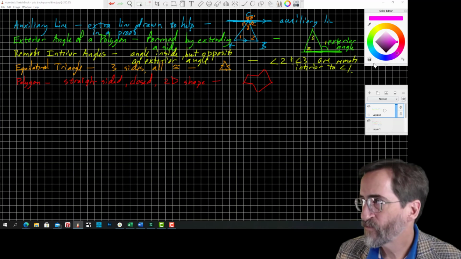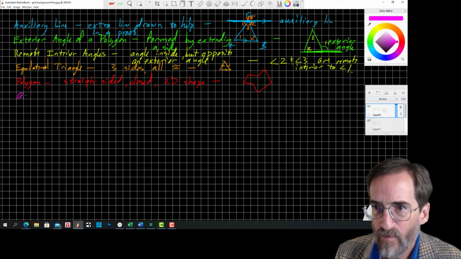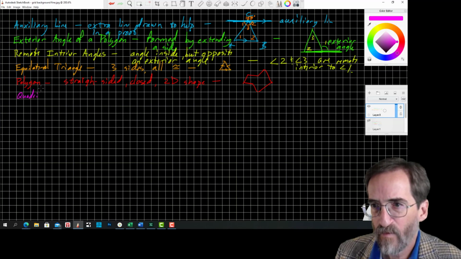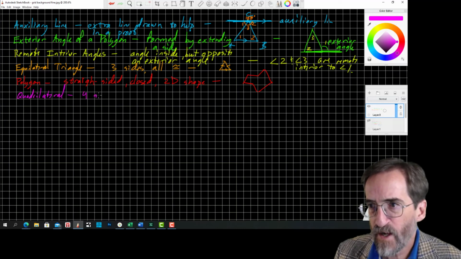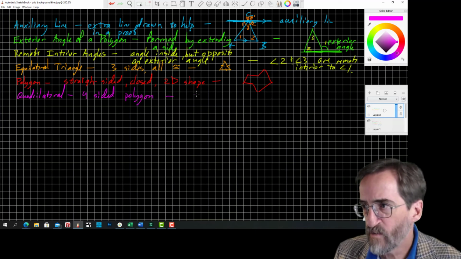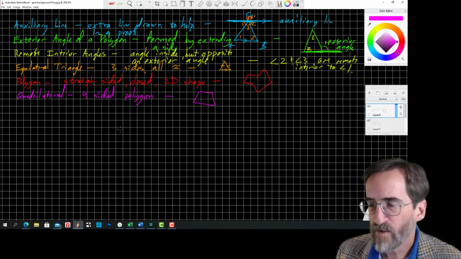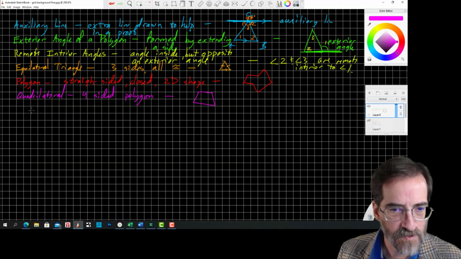Quadrilateral. Four-sided polygon. So any straight four-sided shape. So 4 sides, closed, straight sides.